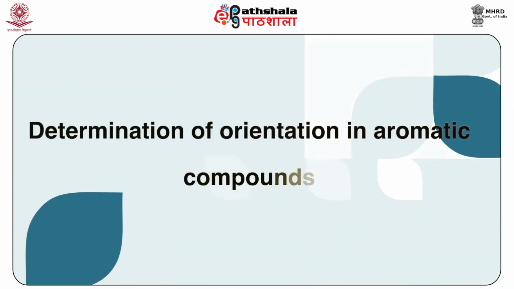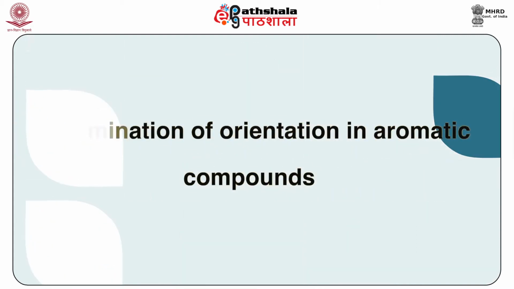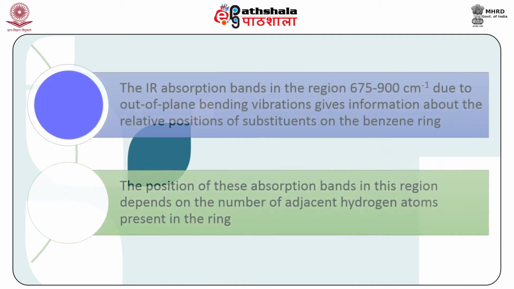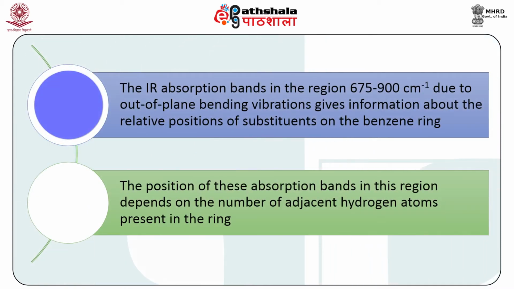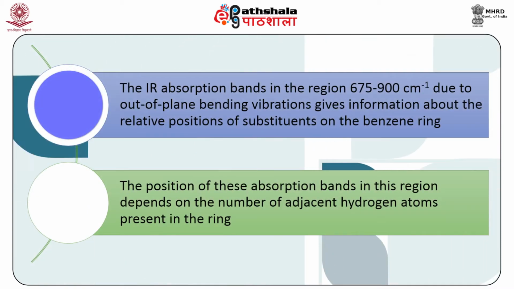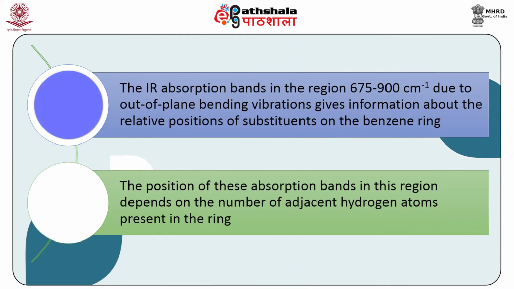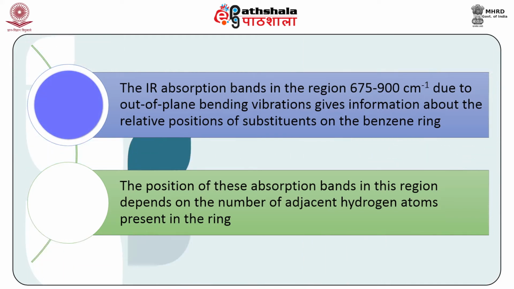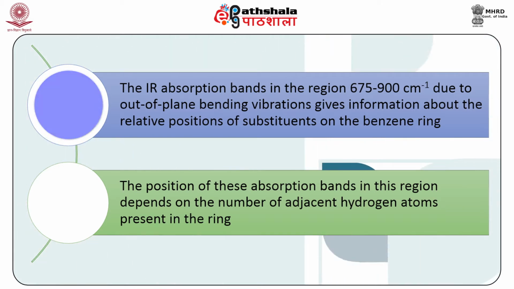Now the next application, students, is the determination of orientation in aromatic compounds. The IR absorption bands in the region 675 to 900 cm⁻¹ due to out of plane bending vibration give information about the relative positions of substituents on the benzene ring.